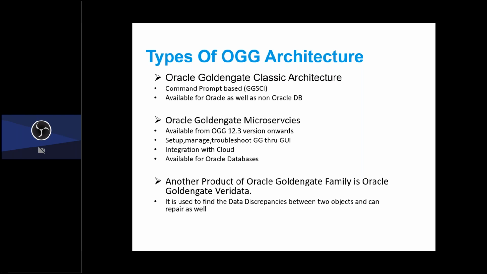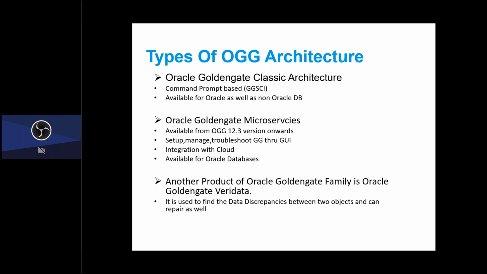Now from 2017, Oracle introduced a new type of architecture of Oracle Goldengate, which is called microservices architecture. So microservices architecture is different from classic. It is available from Goldengate version 12.3 onwards. So from Goldengate version 12.3 onwards, we have both classic as well as microservices available.